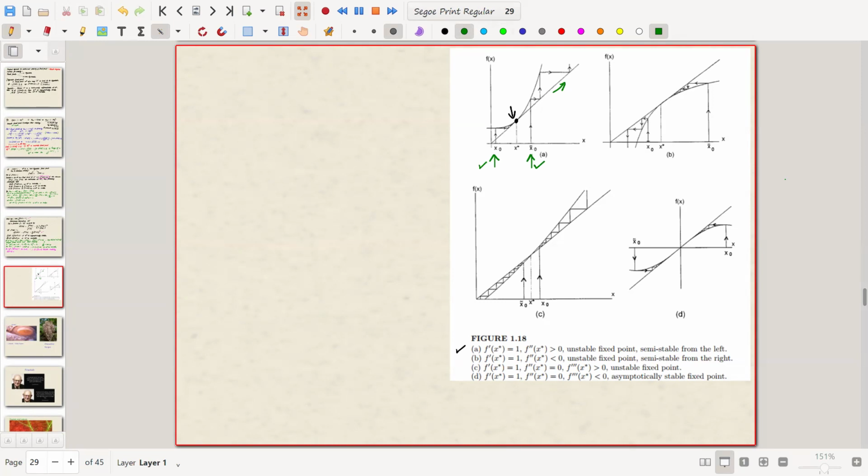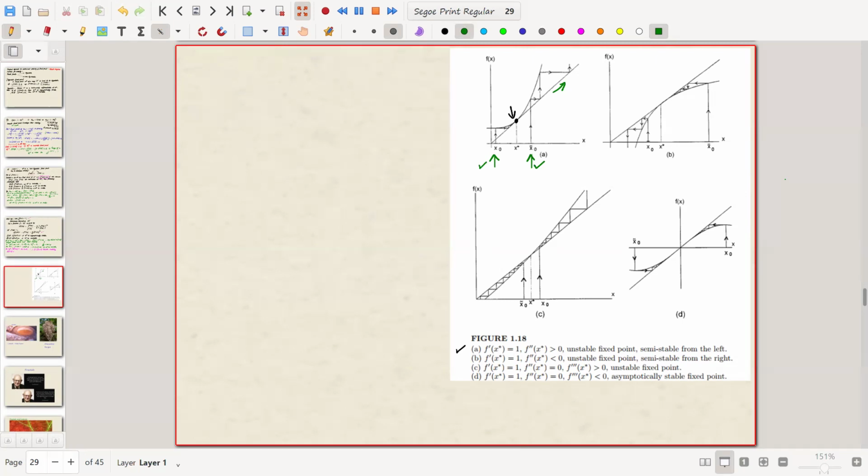So it is converging on one side and diverging on the other side. Still it is stable, but it is known to be semi-stable. One part is stable, one part is not. I want you to see how complicated the dynamics can be. It is not always the case, as Mr. Sangamesh was asking, to take negative x naught and see where it is going. Luckily it went outside, but if it was this case, then yes, it would have been converging to the fixed point.